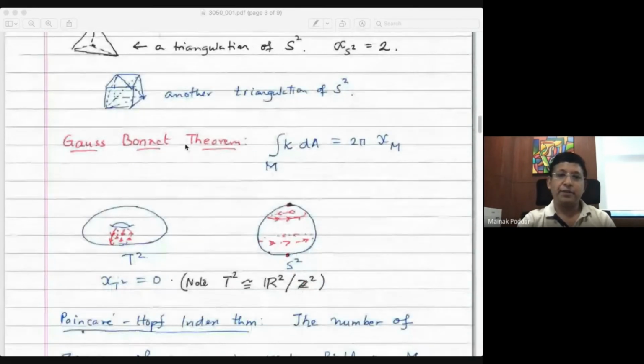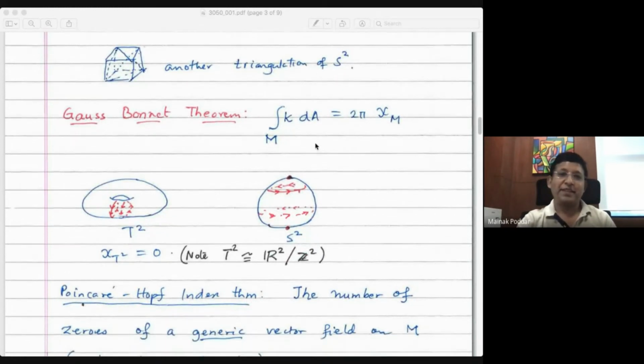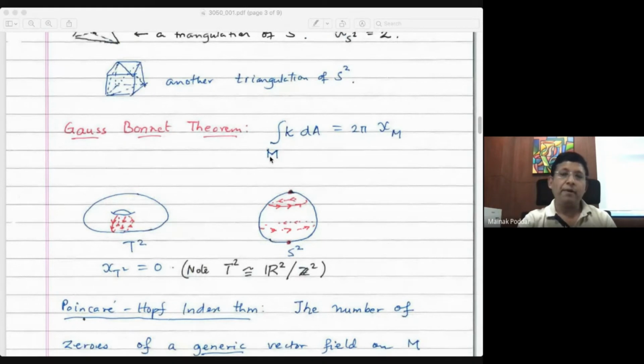So first of all, there is this famous Gauss-Bonnet theorem, which says that if you take the Gaussian curvature and integrate it, you think of the curvature as a function, and this dA is an area element on M. Once you have a Riemannian metric, you have a notion of length, angle and so on, so you can define a notion of area.